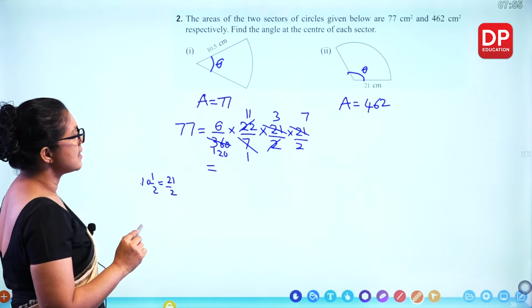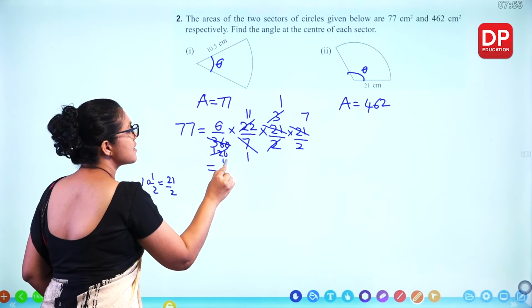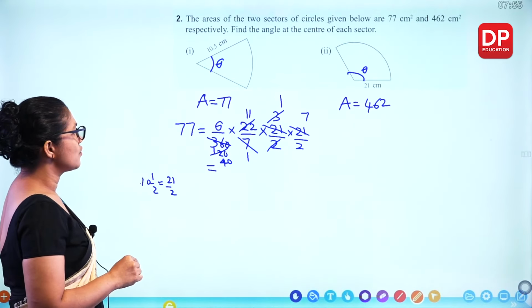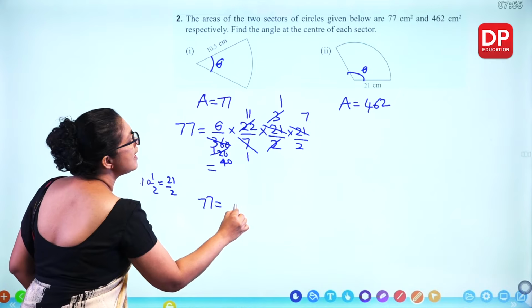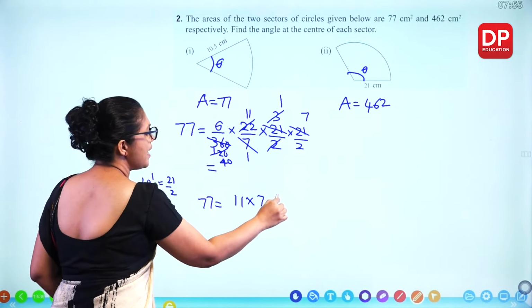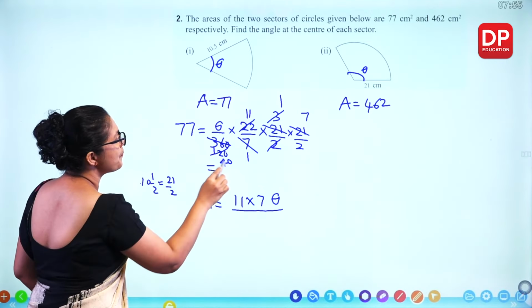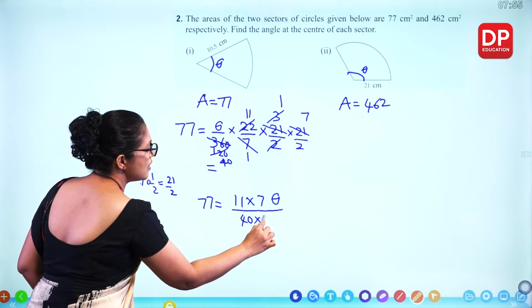And what else? 3 times 1, 3 times 40 is 120. So you get 77 is equal to 11 into 7 in the numerator, theta over, in the denominator you get 40 and 2.